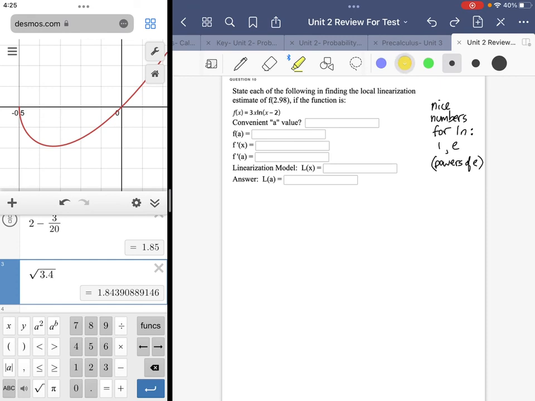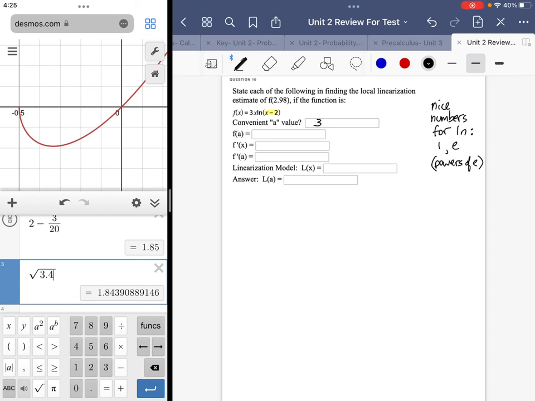All right. So a nice number, like I said, would be like a 1. Well, if x is equal to 3, then that would actually make the natural log really nice. It would be ln of 1. That's beautiful. All right.